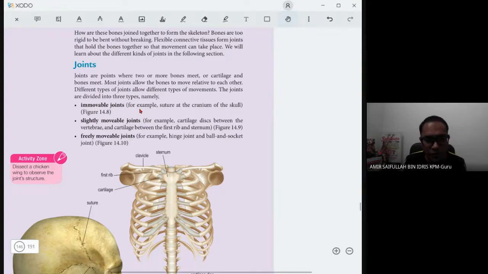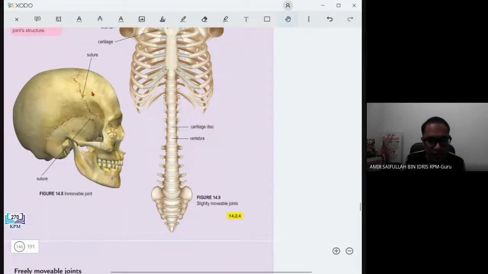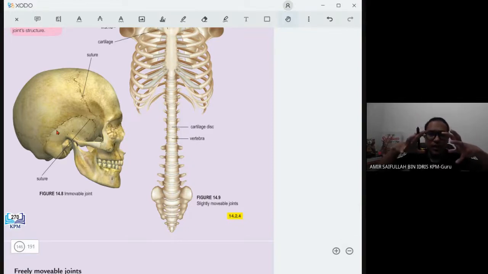Immovable joints are, for example, the sutures at the cranium of the skull. If you look at our skull, it consists of a few bones: the front part, the back part, the bottom part. They are connected to each other by sutures. These cannot move anymore. It is like super glue.